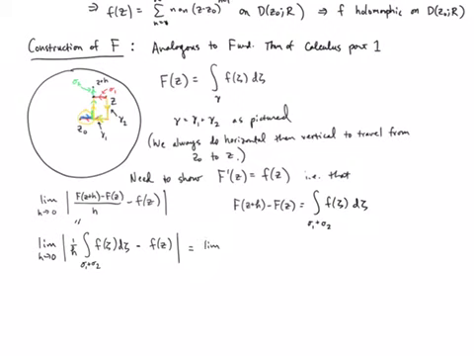So I basically want to insert an integral here, because f of z is just some constant. So I integrate the constant f of z d zeta.